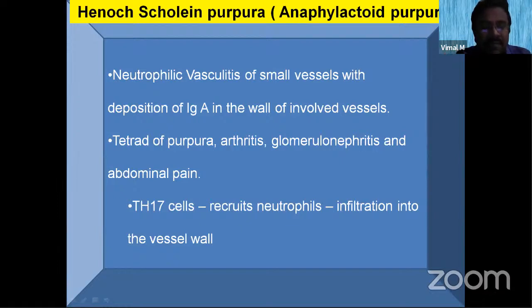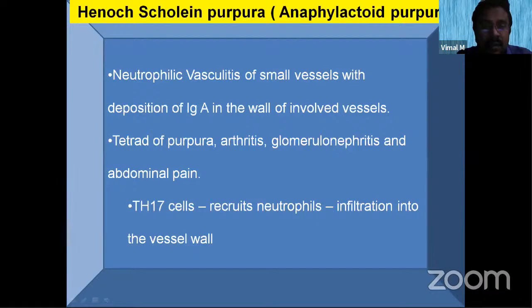Clinically, the patient presents with a tetrad of features: purpura, skin rashes and arthritis, glomerulonephritis, and abdominal pain. These are the four main clinical features.